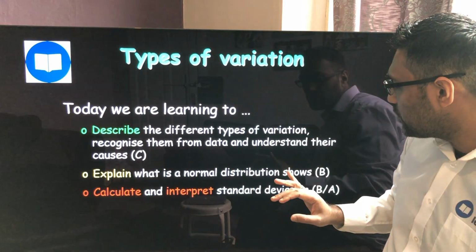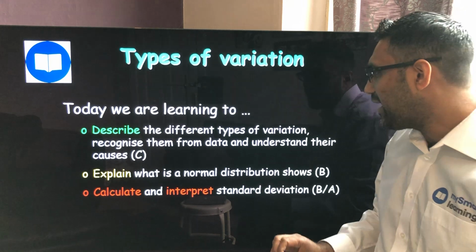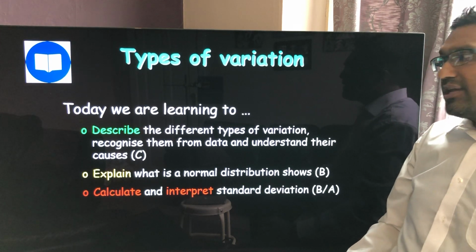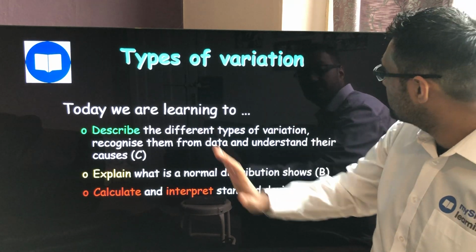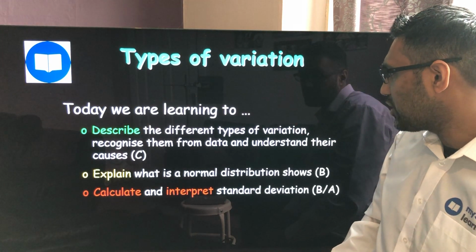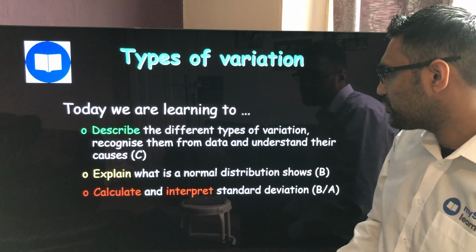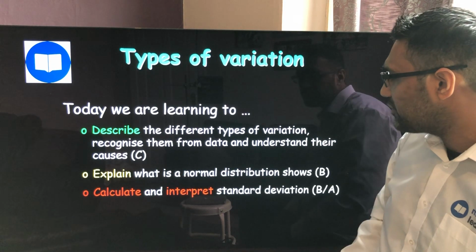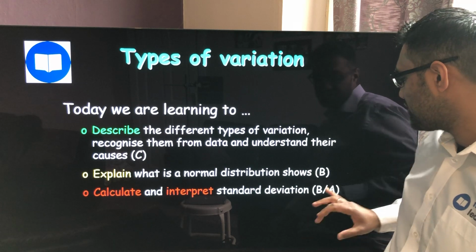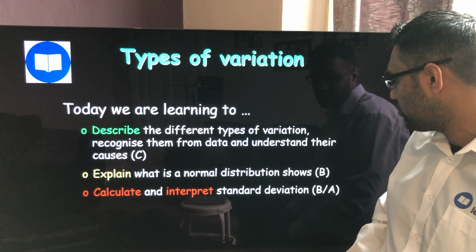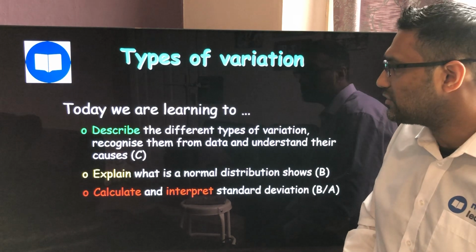Okay, so we looked at stabilizing selection and disruptive selection, and we looked at the selection pressures where it moves across. So we looked at normal distribution before. It's that sort of bell-shaped curve, and we're going to calculate and interpret what standard deviation is. So this is your grade B and your grade A stuff.